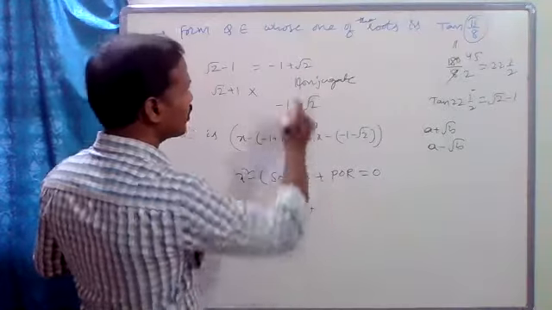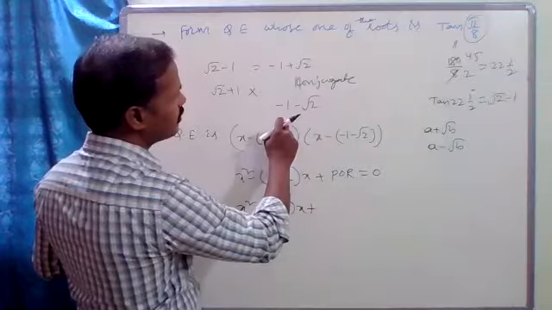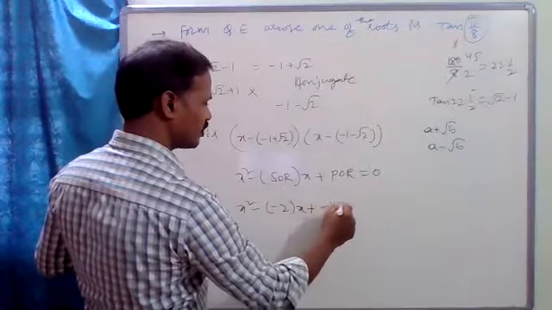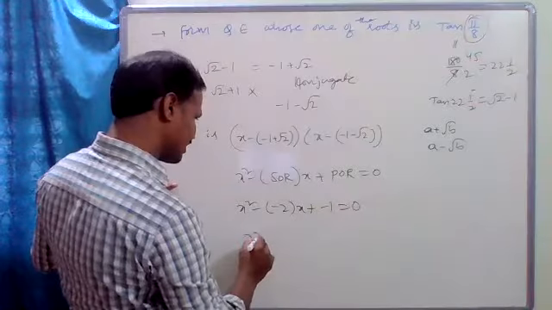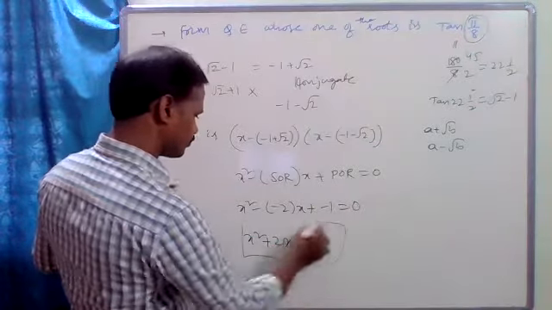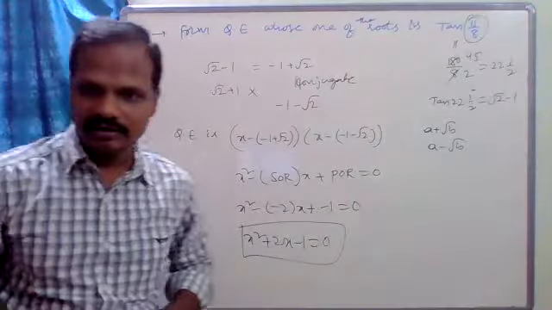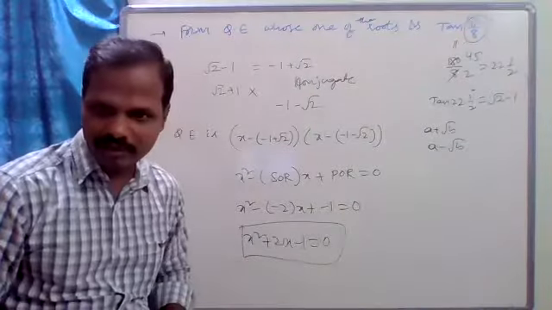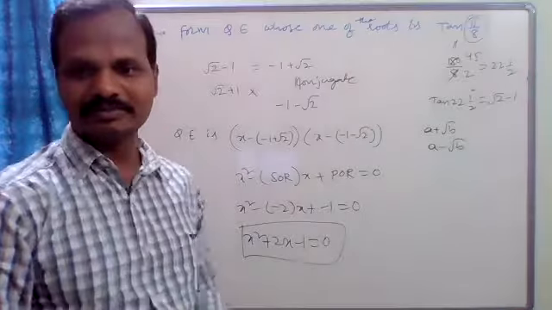So x square plus 2x, and the product of the roots is 1 minus 2, which is minus 1, equal to 0. So x square plus 2x minus 1 equal to 0. Yeah, Mamata, good.